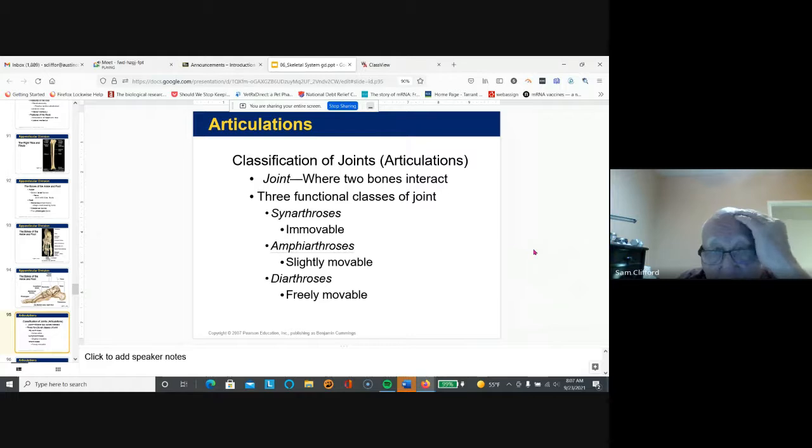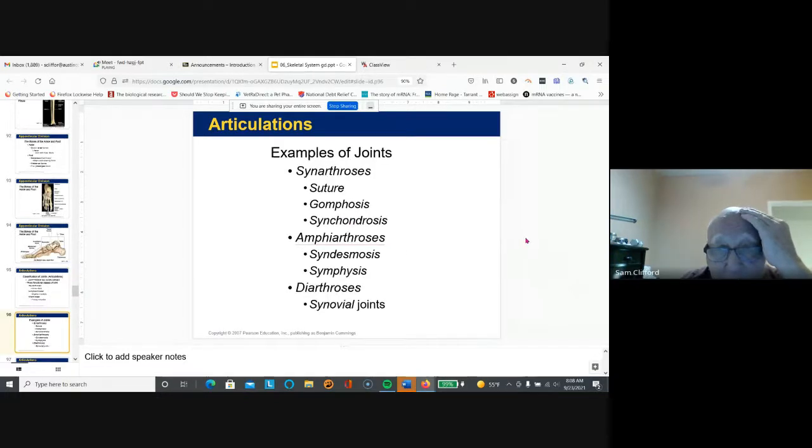So joints, you should know the immovable joints, slightly movable, and the freely movable. Most of the joints of the body are synovial joints. We'll give examples of these types, immovable joints and slightly movable.